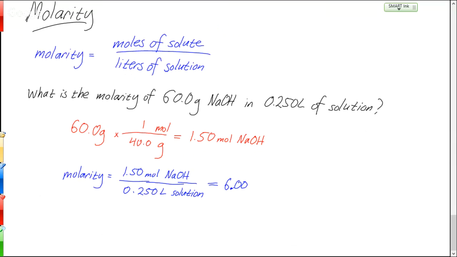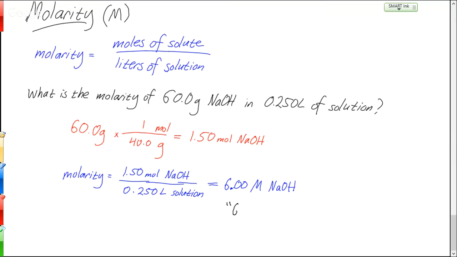If you divide those two, you get 6. And the way that we say this is that the concentration of the solution is 6 molar NaOH. We use a capital M for molarity.